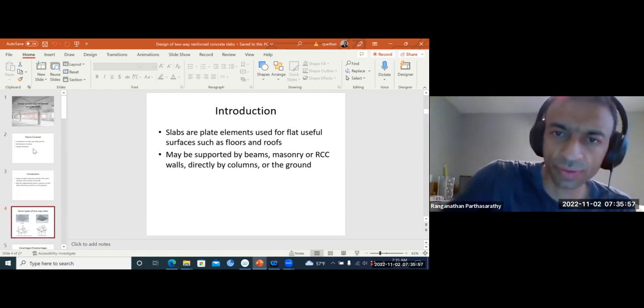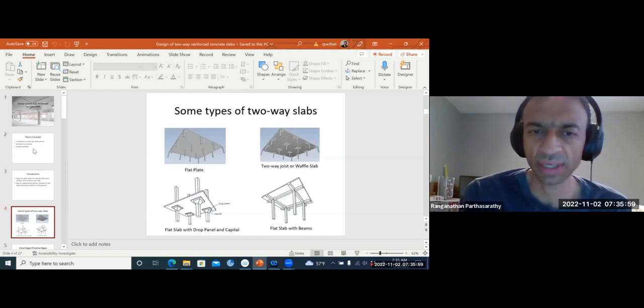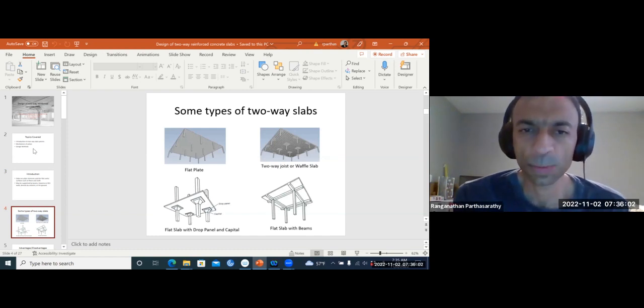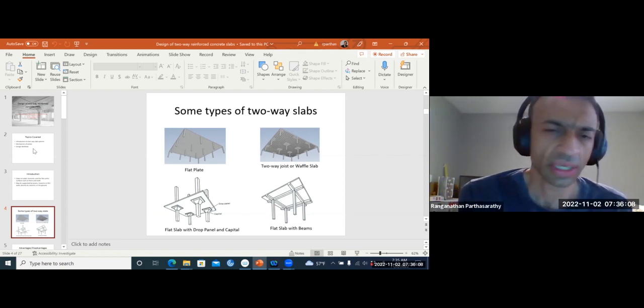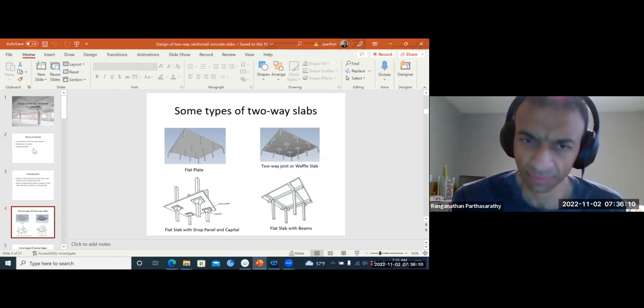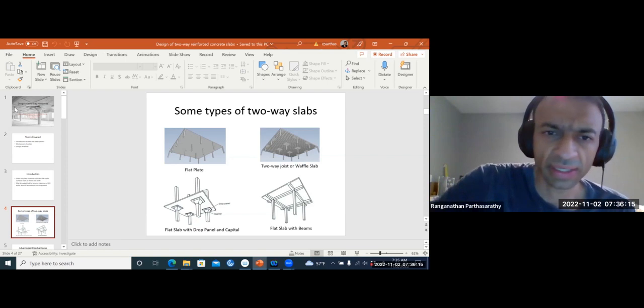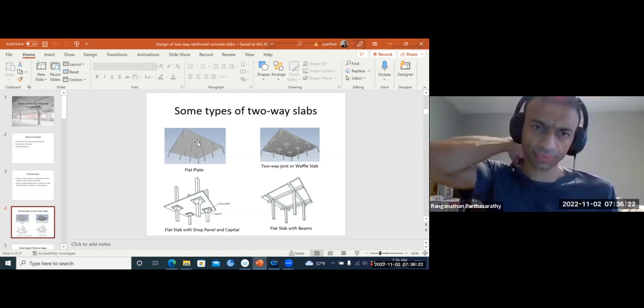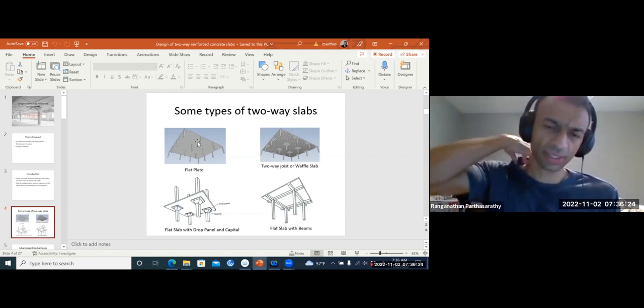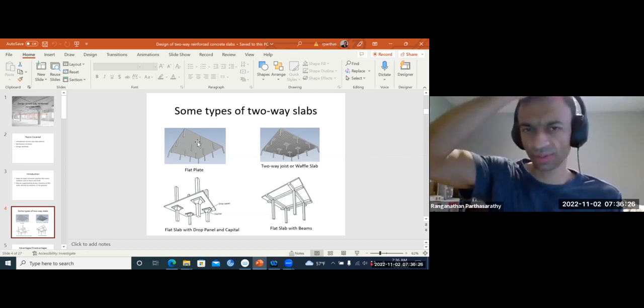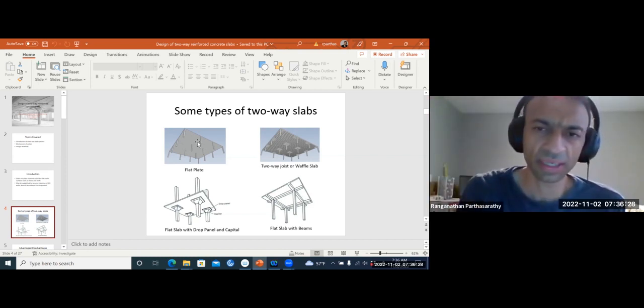So let's go over some different types of two-way slabs. One is flat plate, where you directly have the slab sitting on columns and nothing else. Flat plate is usually very aesthetically pleasing. You have large spaces where you only have your slab and column and nothing else.